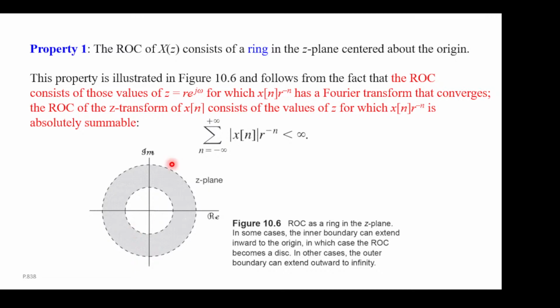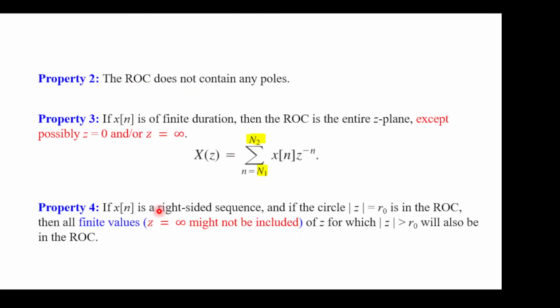As we said, the ROCs are rings, and the rings correspond to those r where your Fourier transform converges. Then the ROC doesn't contain poles, as usual, because poles diverge. Then we have finite duration signals. For finite duration, your ROC is everything, but as we said, 0 and infinity are a little weird, so your ROC is everything except that 0 and infinity might not be in your ROC. To see whether 0 or infinity is in your ROC, you need to look at n1 and n2.